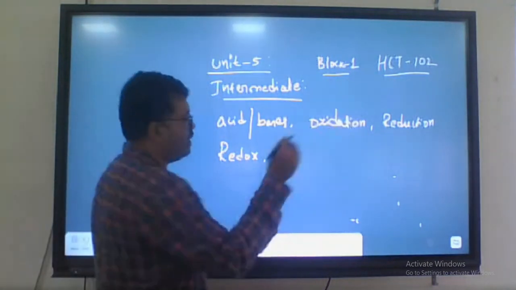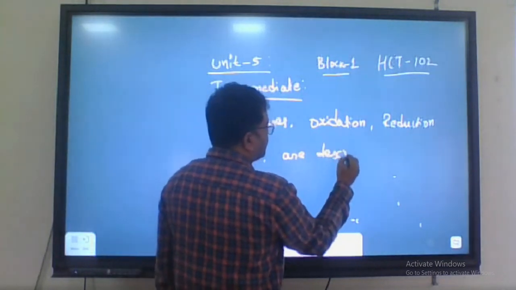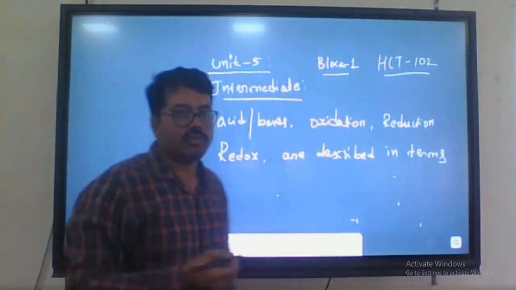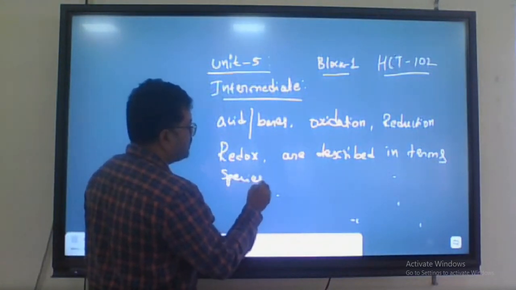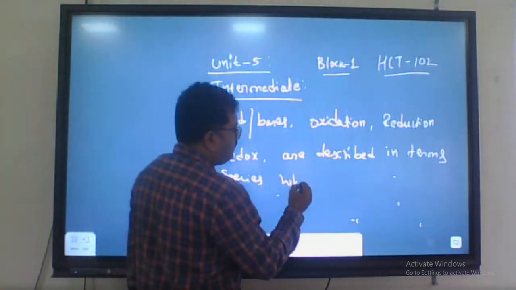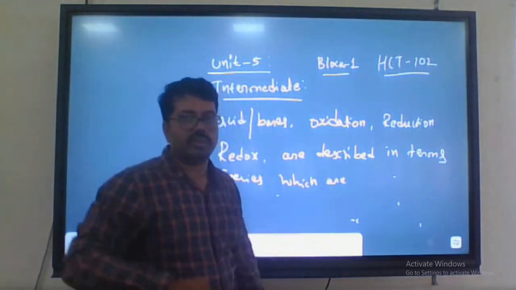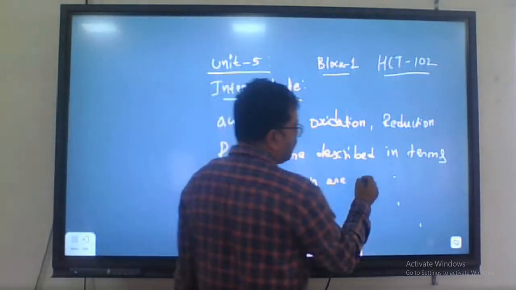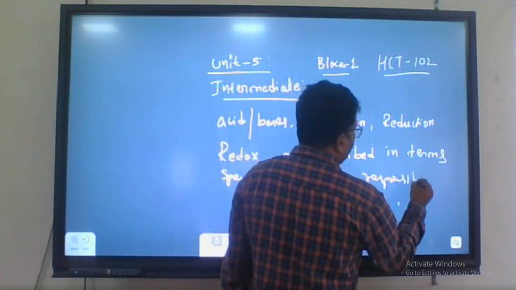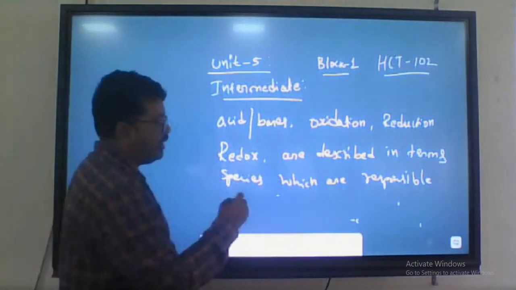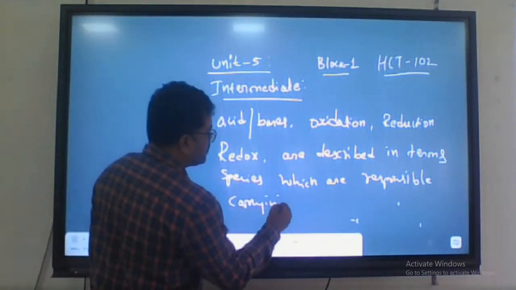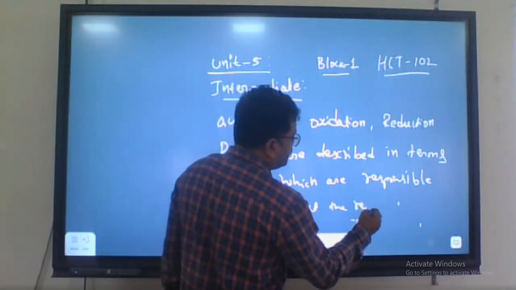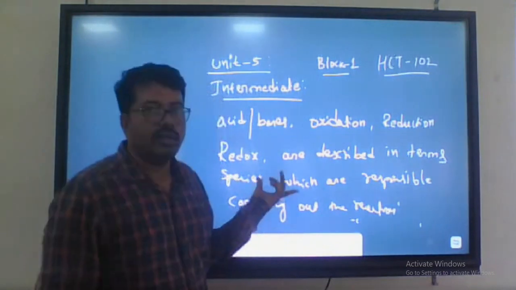Acid, base, oxidation, reduction and redox are described in terms of the species which are responsible for carrying out the reaction.